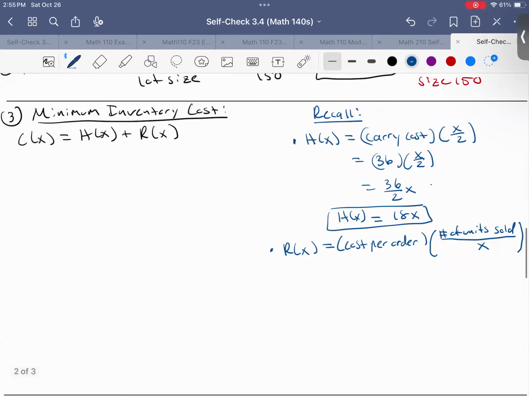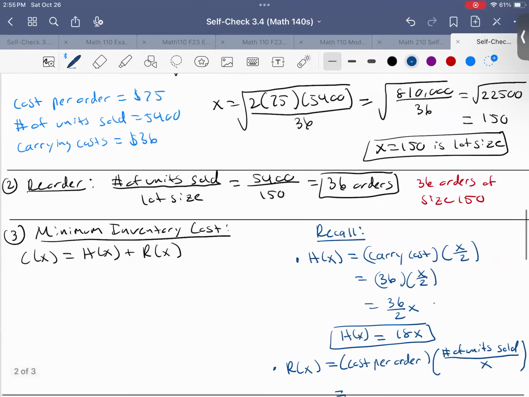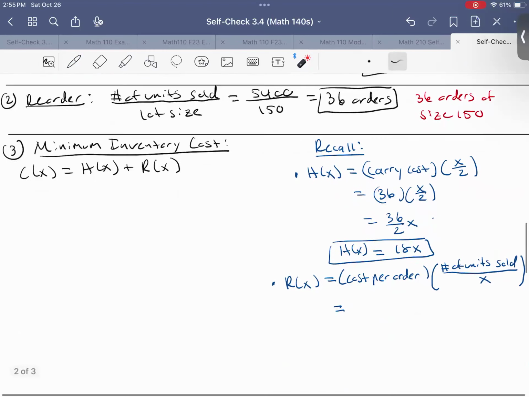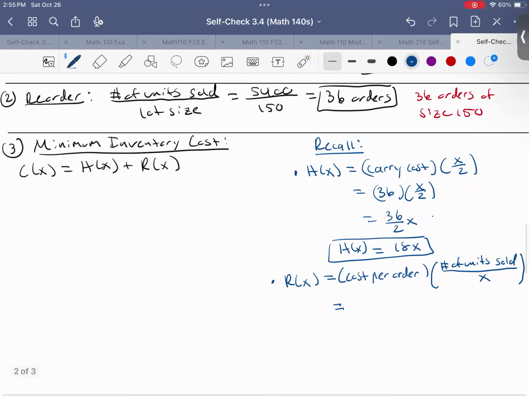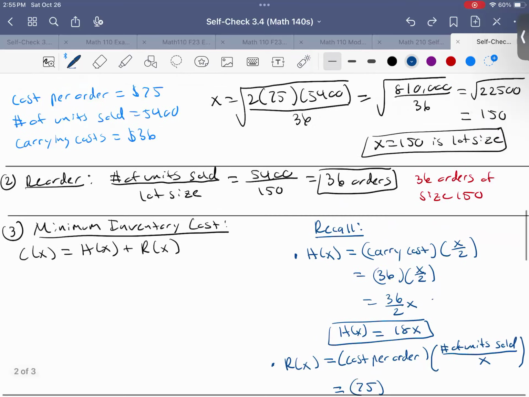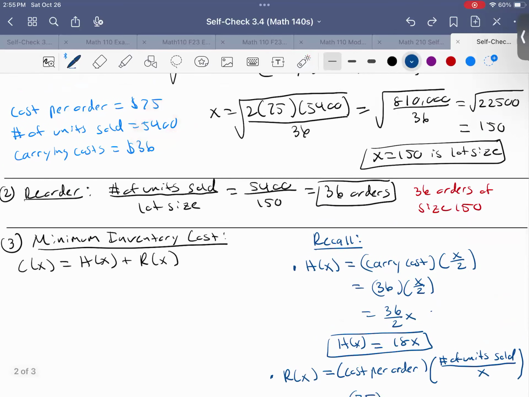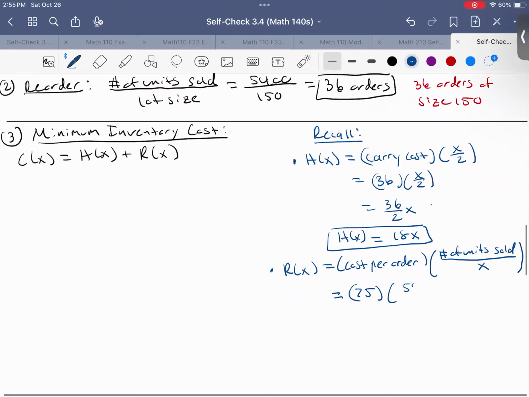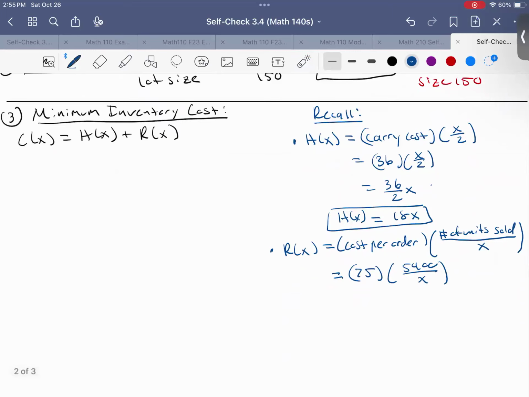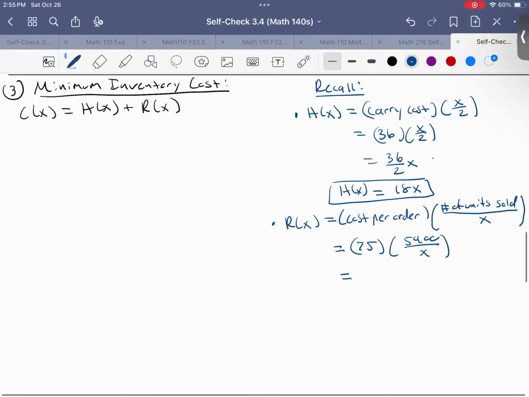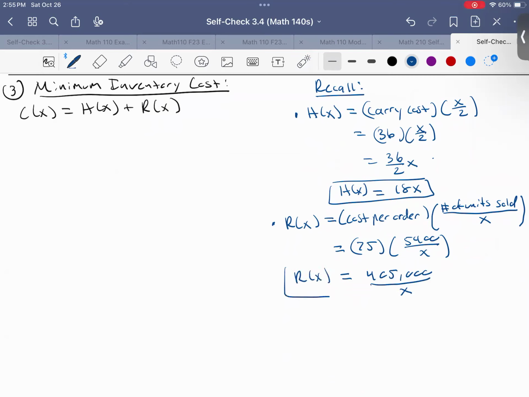Okay, so let's plug in what we know. Cost per order that we found was $75, so 75 times number of units sold, and that is 5,400, divided by X. Let's simplify this out. 75 times 5,400 is 405,000 divided by X. So this is our reorder.